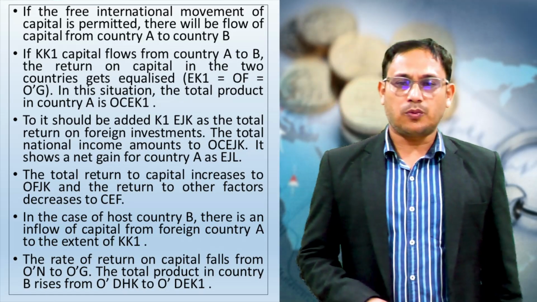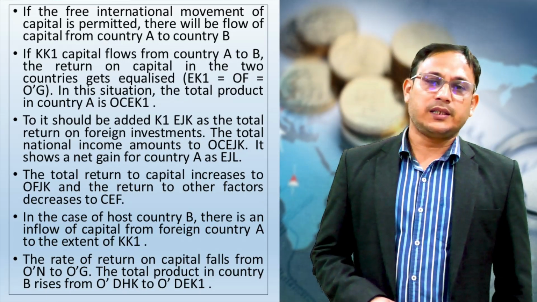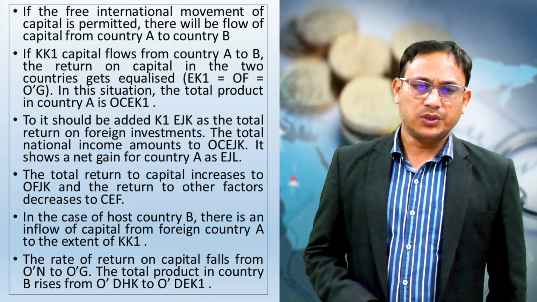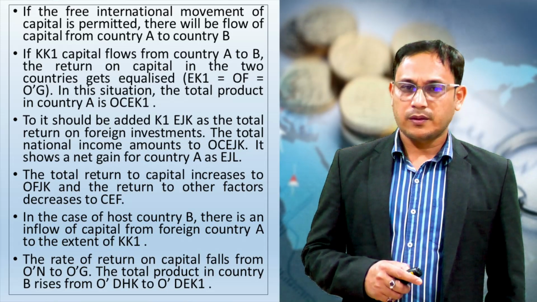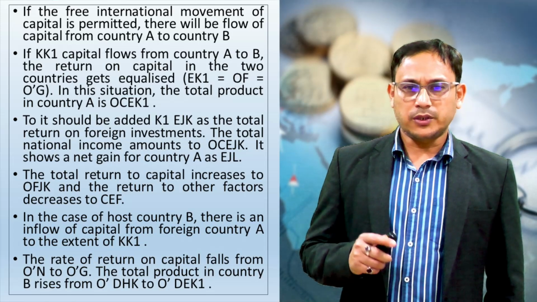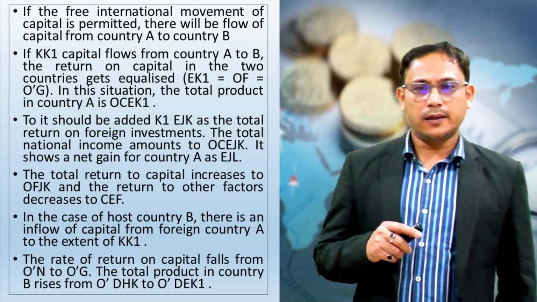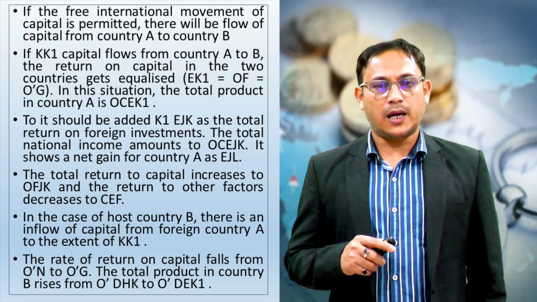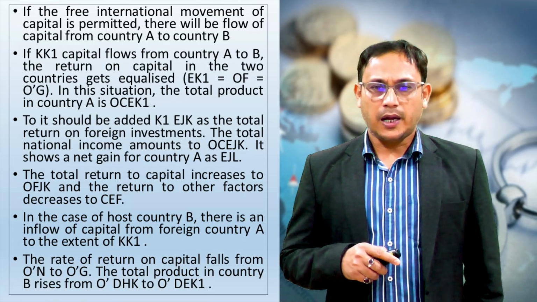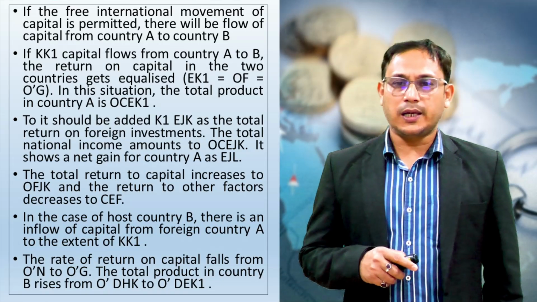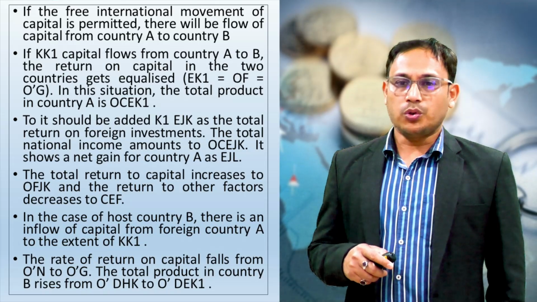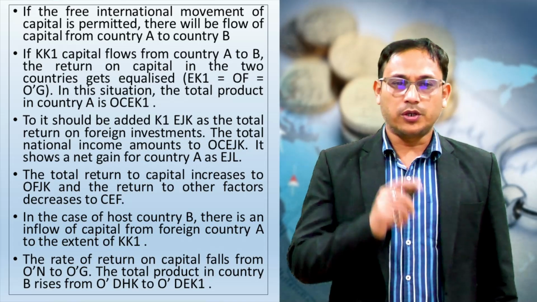So in this situation, what will happen? The total product in country A is OCEK1. So that should be added to K1EJK as the total return on foreign investment. Now the total national income amounts to OCEJK, as shown in figure 1.